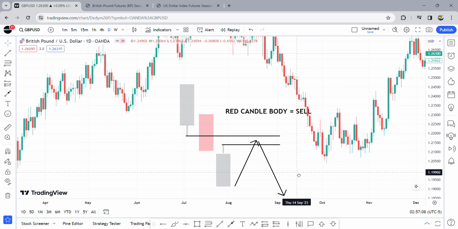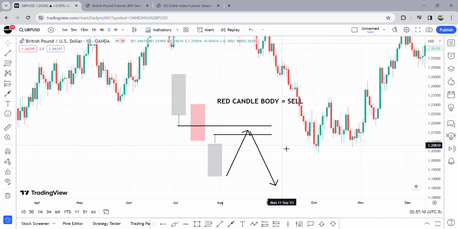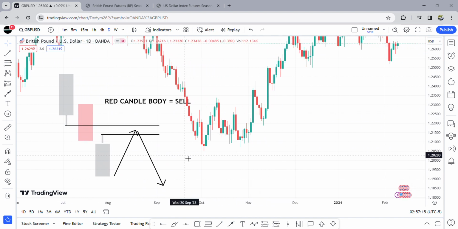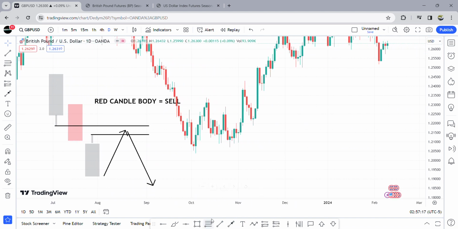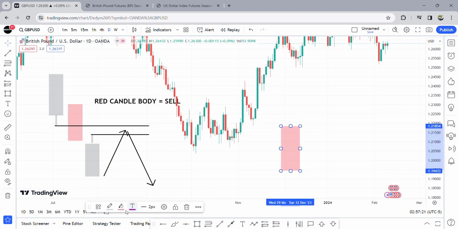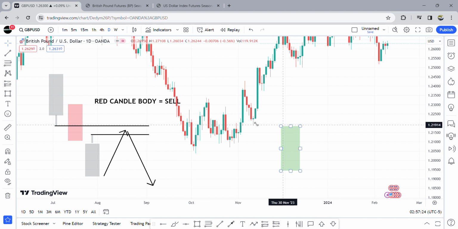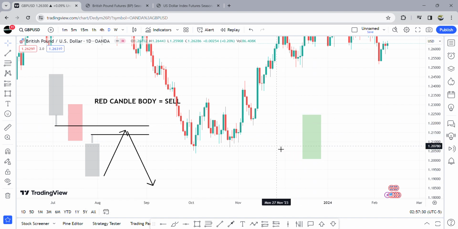Right? And now for buys, I can't clone everything, so I'm just going to do it again. Now this one would be a green candle. It doesn't matter what the first and third candle's color is, that's why I left both gray. Move it down here.